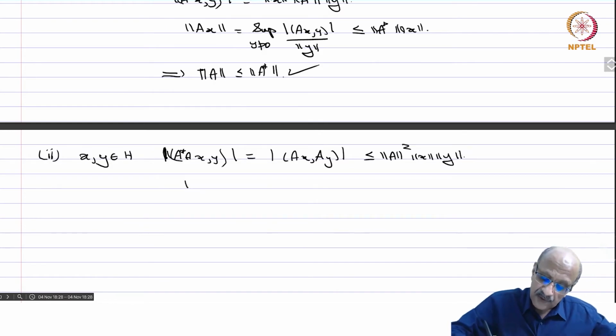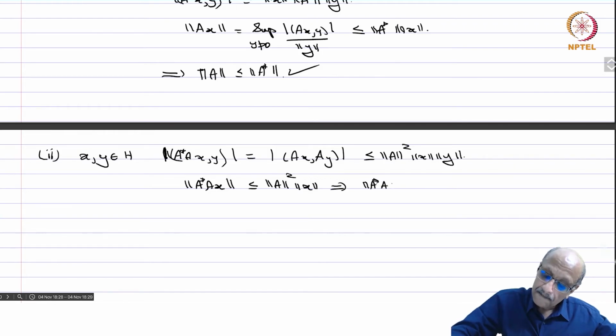So norm of A star A is, again by the supremum rule, less than or equal to norm A squared, and this implies that norm of A star A is less than or equal to norm A squared.